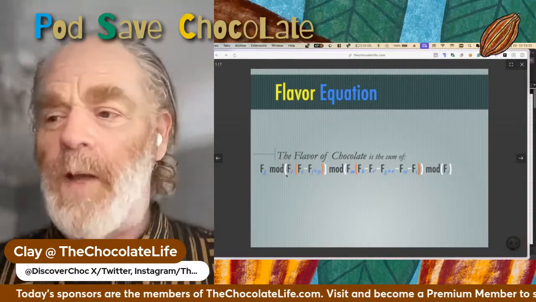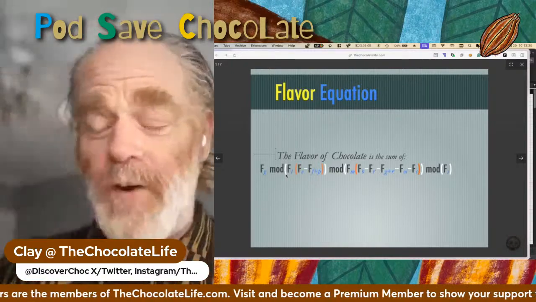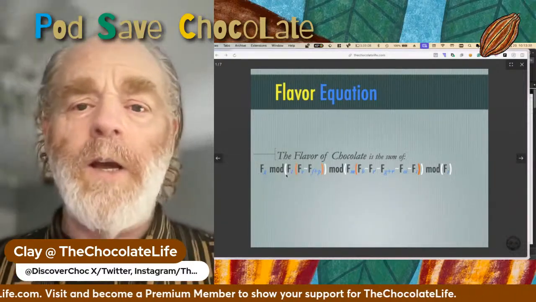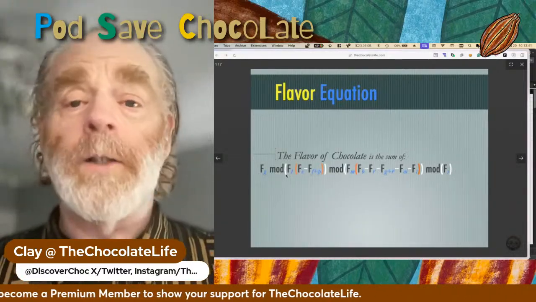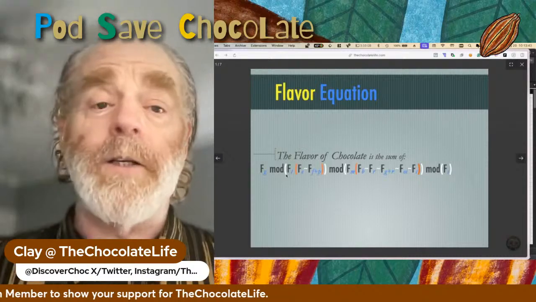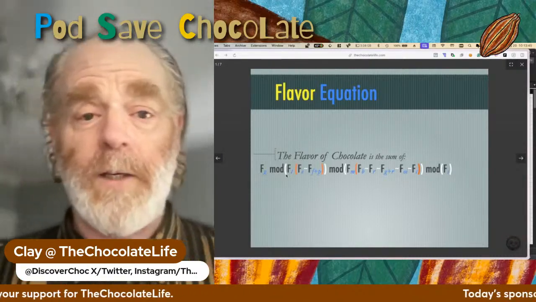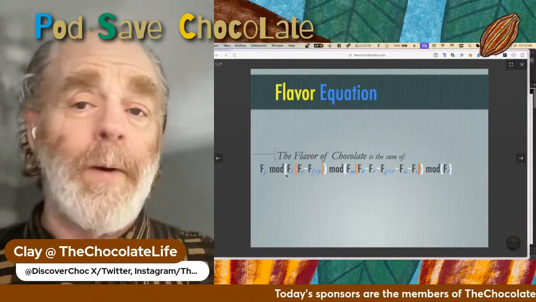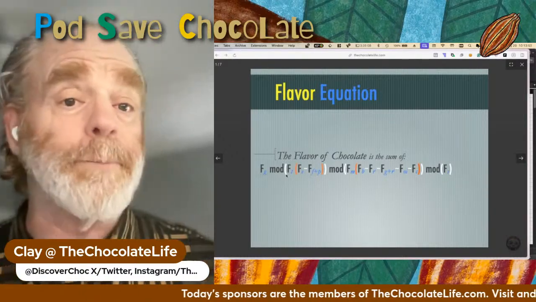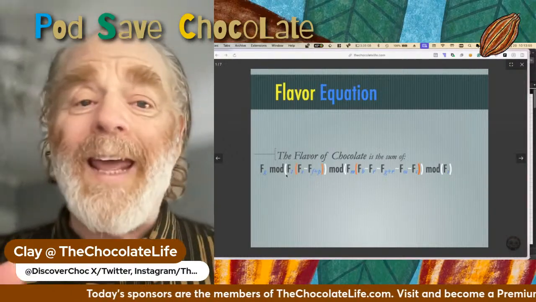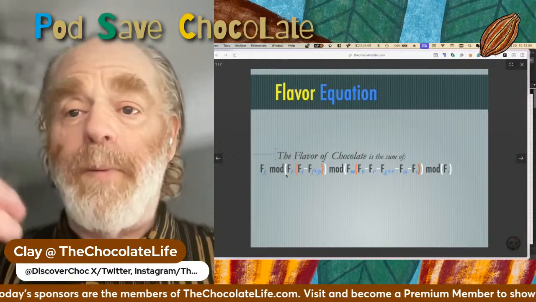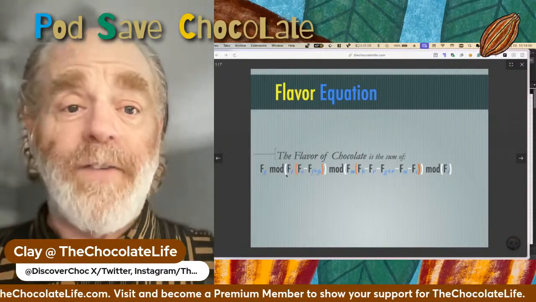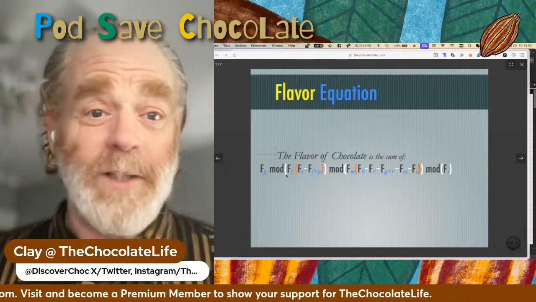So it does get even deeper. I mean, it's a very, very high level understanding. But we do need to think about the genetics of the tree, modified by the terroir, modified by agronomic practices, modified by post-harvest processing. When we get done, we end up with a dried cocoa bean, from a wet cacao seed to a dry cocoa bean. Right? And then from there, the potential represented by the dried bean is modified by the manufacturing processes that go through.